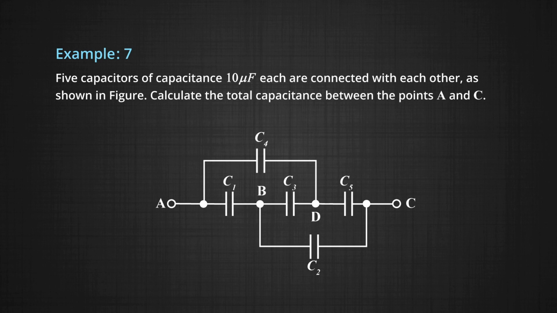Now, example 7. 5 capacitors of capacitance 10 microfarad each are connected with each other as shown in the figure. Calculate the total capacitance between the points A and C. And here is the circuit diagram which contains 5 capacitors and all of them are of equal value. Now, solution.